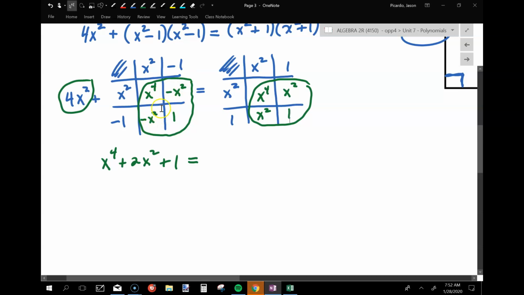This is minus 2x squared, but I had to combine it with the 4x squared. So it's 4x squared minus the 2x squared. Got it? All this together? And yes, they actually match.